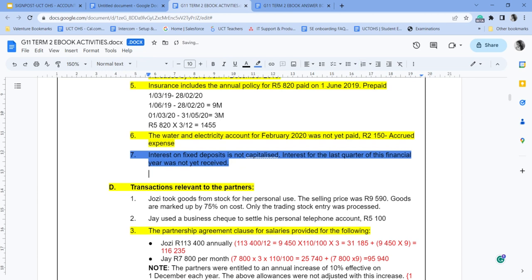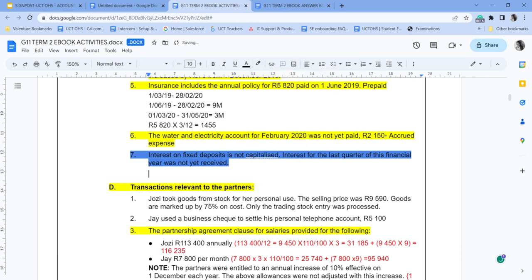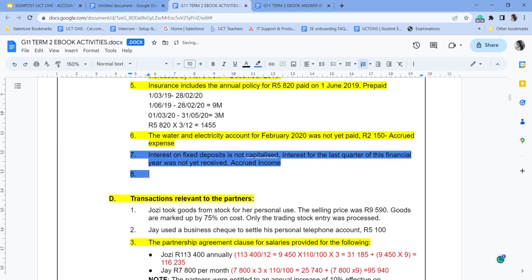We should have received it, but we have not received it. So this is an accrued income. It should have been received, but has not yet been received. Whether they give us next year or not, the fact that this income was for this year, it should have been received this year. We will assume, as per the matching principle, that it is for this year.